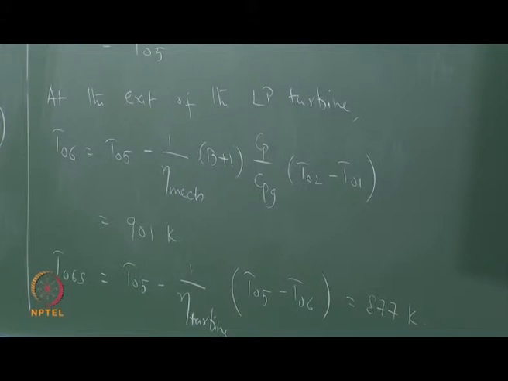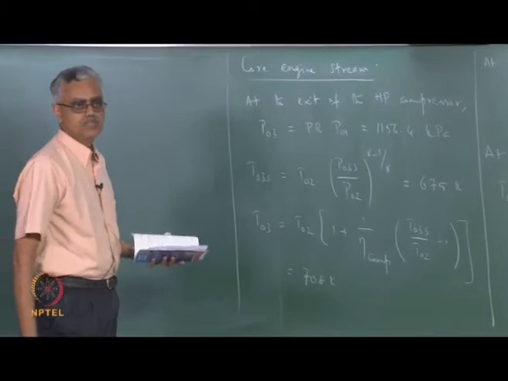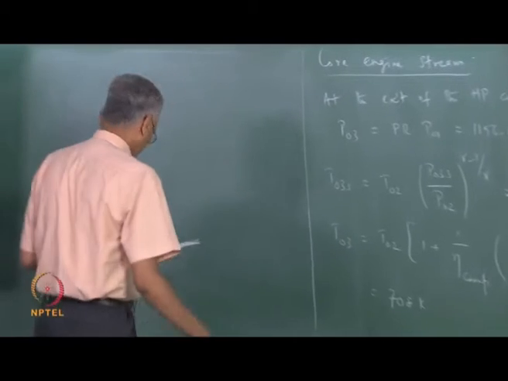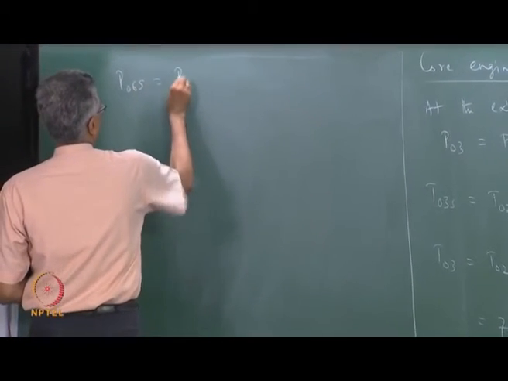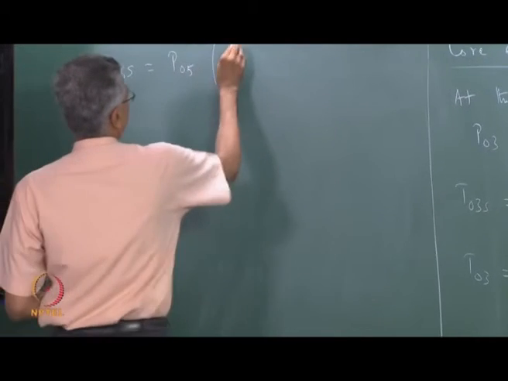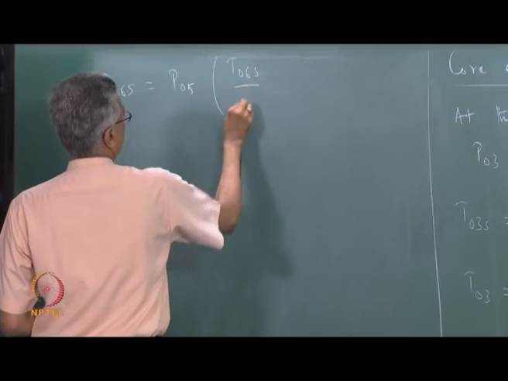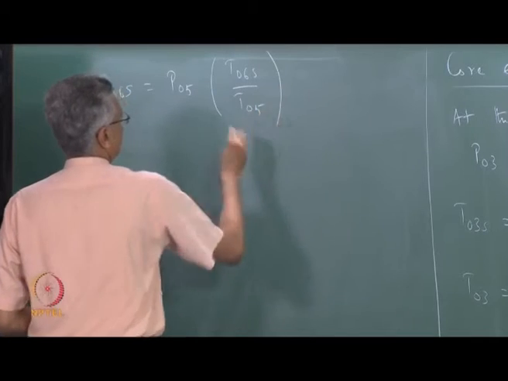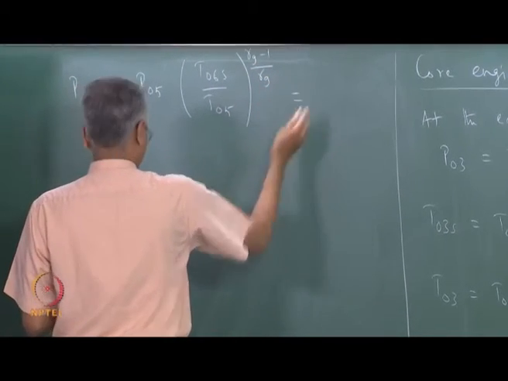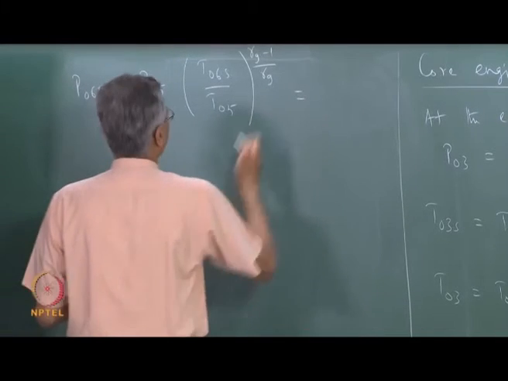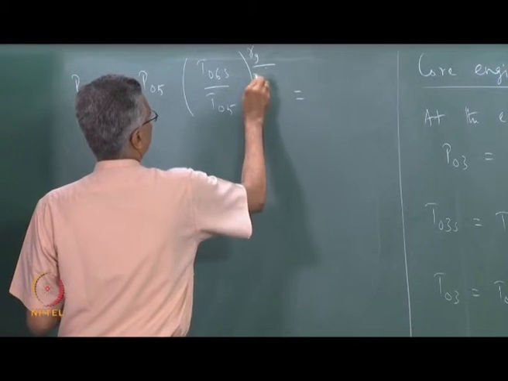So once I have T06S, I can calculate P06S from the isentropic relationship. So P06S is equal to P05 times T06S divided by T05 raised to the power gamma G minus 1 divided by gamma G, gamma G divided by gamma G minus 1.